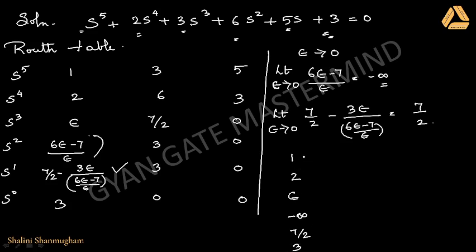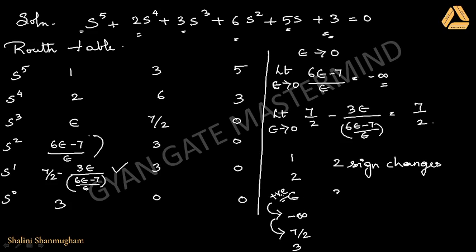So if you see the elements of the first column, this is positive because we assumed this to be a positive integer. So from positive there is a sign change here, and also from negative this becomes positive. So there are two sign changes. The sign changes two times.